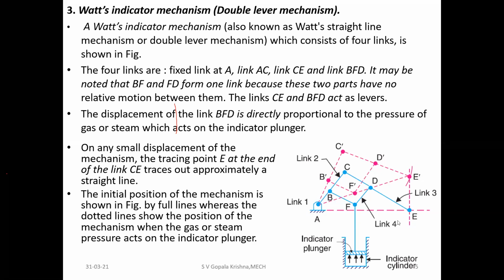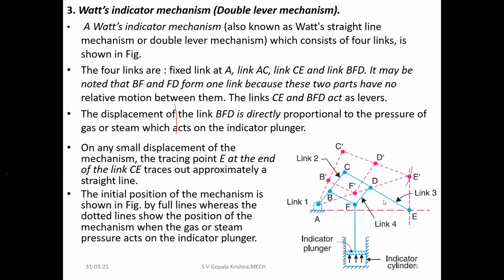So now just observe the mechanism. In this, when link A is fixed, the AC link has some turning motion. When it is turning, the other links attached to it move relatively. They have also given dashed lines showing the positions to which these links are displaced: D dash, C dash, F dash, and E dash.